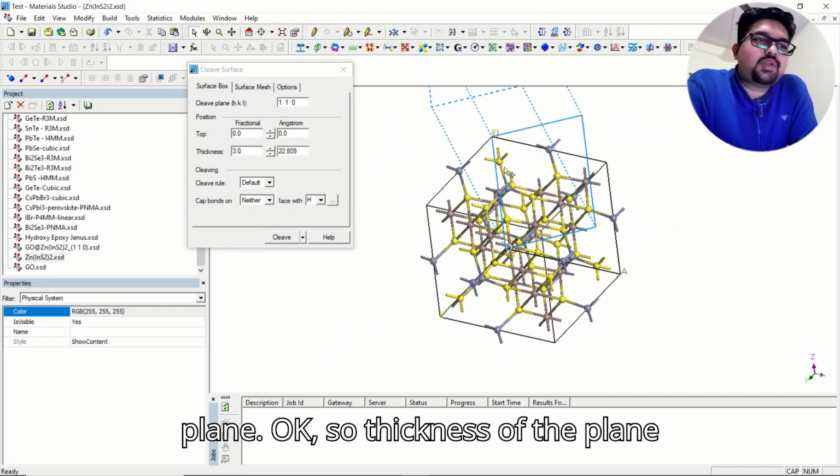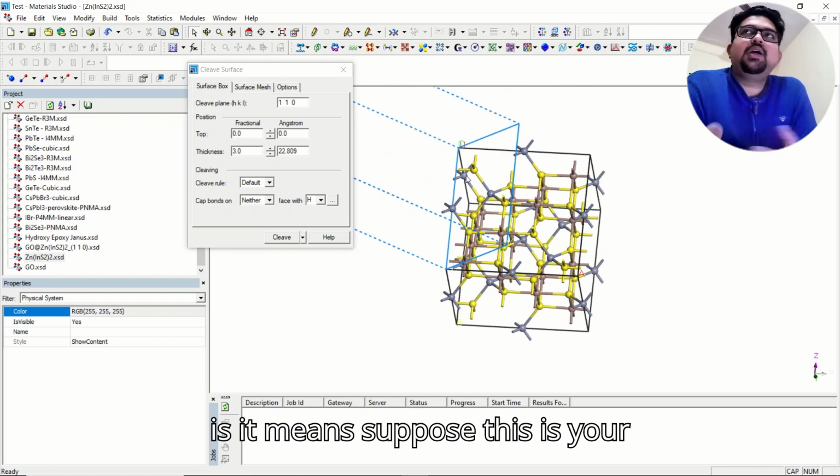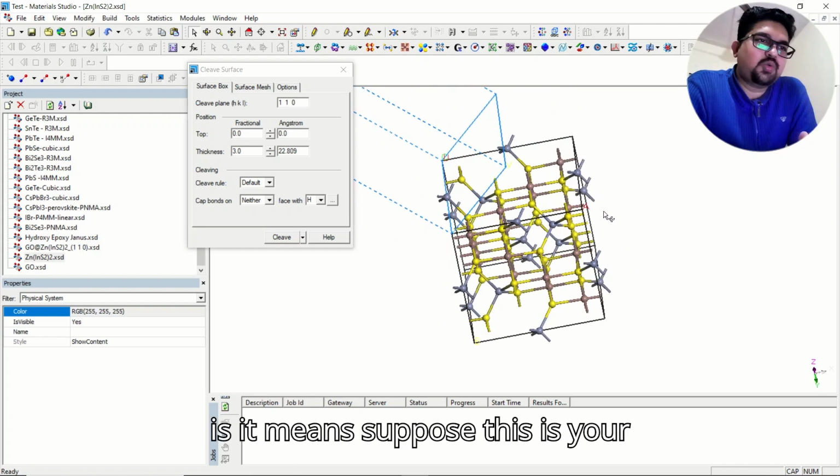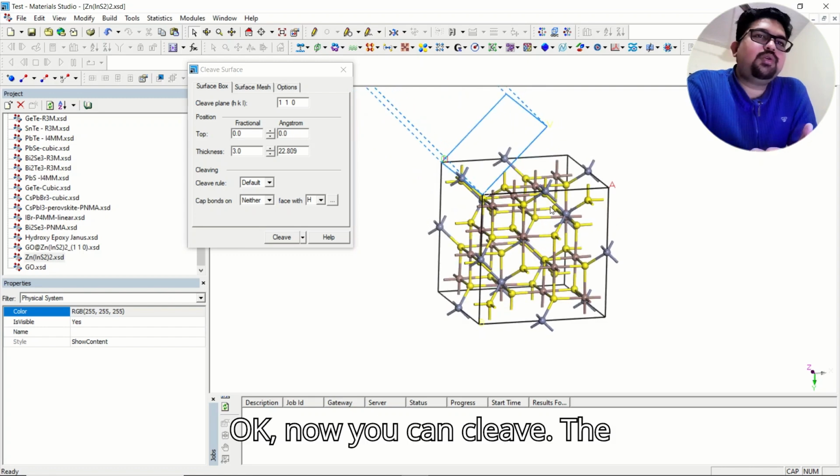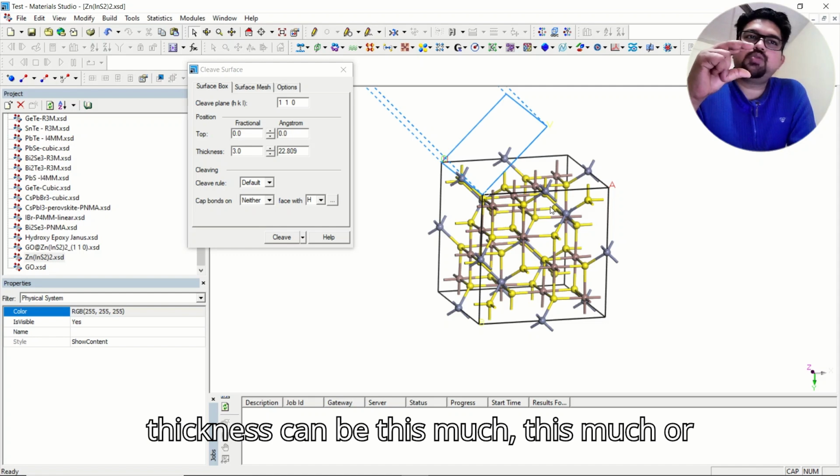Okay, so what thickness of the plane means is, suppose this is your cubic lattice, right? Now you can cleave, and the thickness can be this much, or this much.